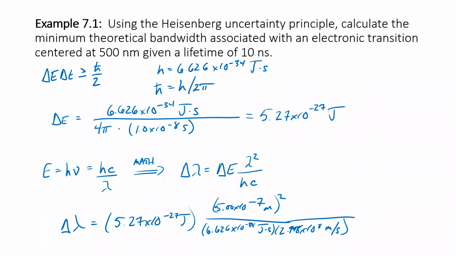Yeah, it is A-okay with me if you just write this already derived equation on your equation note card. 5.27 times 10 to the negative 27 times 5 times 10 to the negative 7 squared, divided by 6.626 times 10 to the negative 34, divided by 2.998E8, gives us 6.6 times 10 to the negative 15 meters.